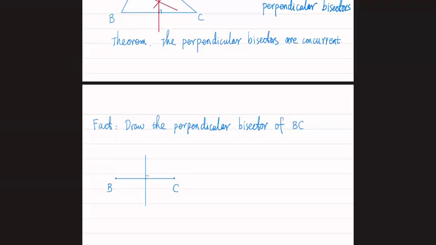Okay, it's about right. Then for any point P on the bisector, we have PB equals PC.